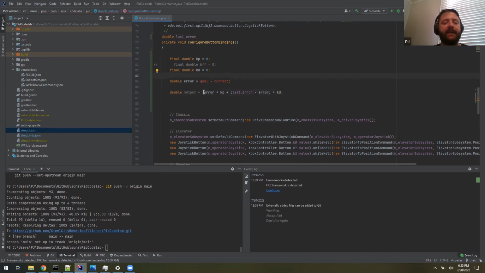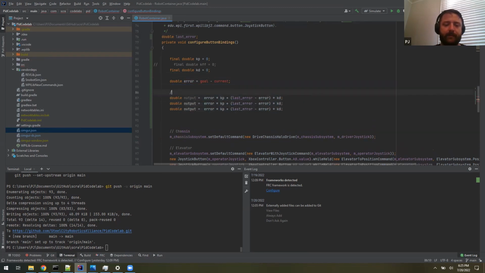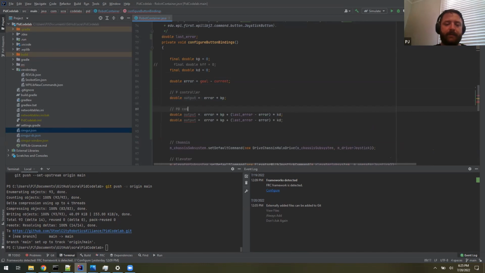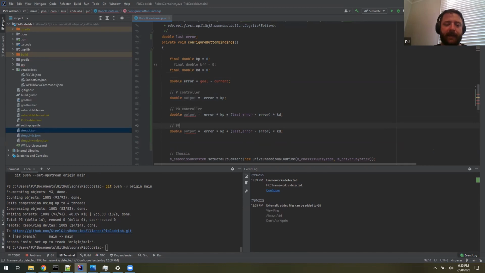And if I needed feed forward, if I was doing a velocity thing, hold on, I'll do P controller, PD controller, and I'll do a PF.